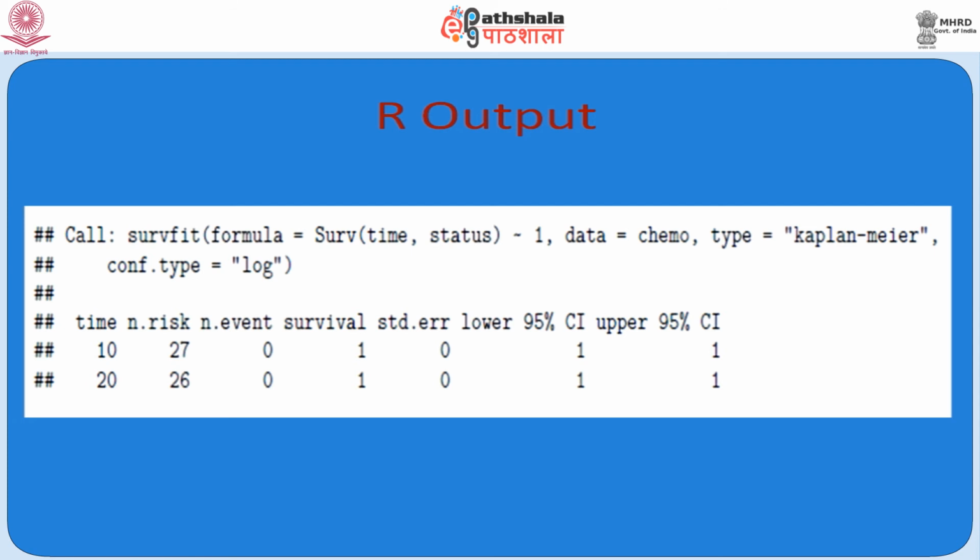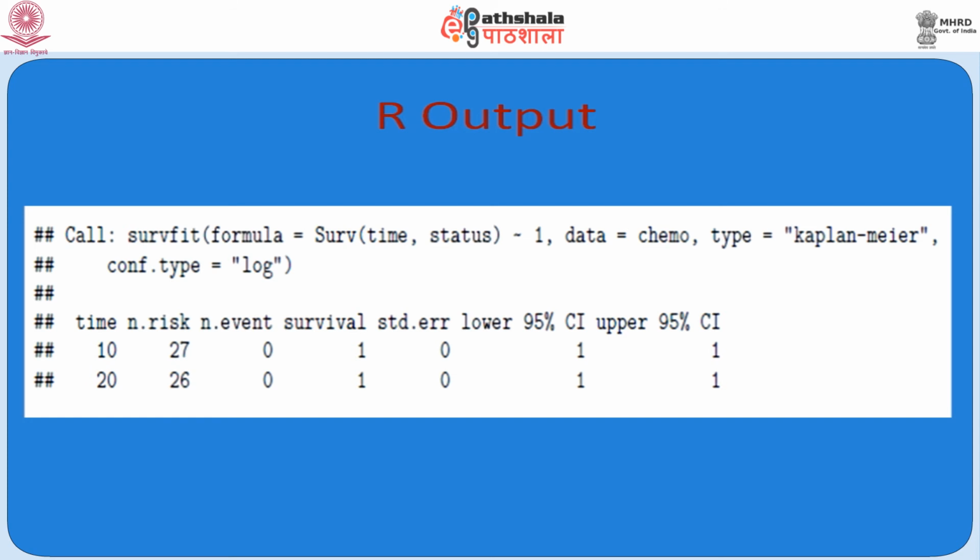Again, one patient was censored between 10 to 20 months, that is why the number of events is again showing as 0, and the number of patients at risk, shown in the second column, is given as 26.